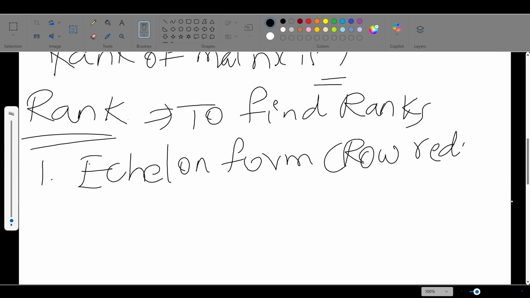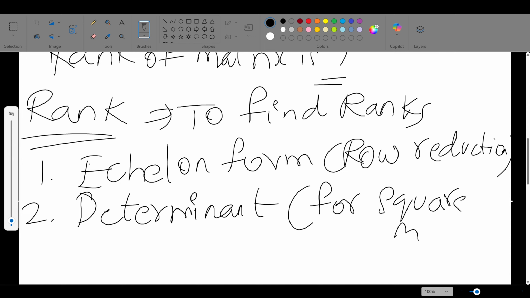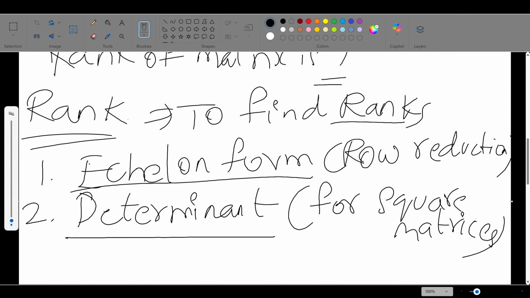The other one is the determinant, which is basically for square matrices. A square matrix, as we know, has equal numbers of rows and columns, right? So echelon form is one method to find the rank, and determinant is the other method. In this class, we'll first learn about the echelon form.